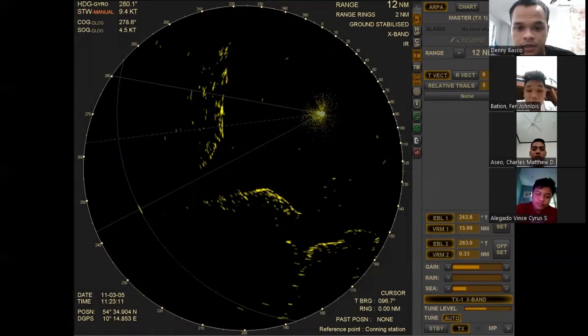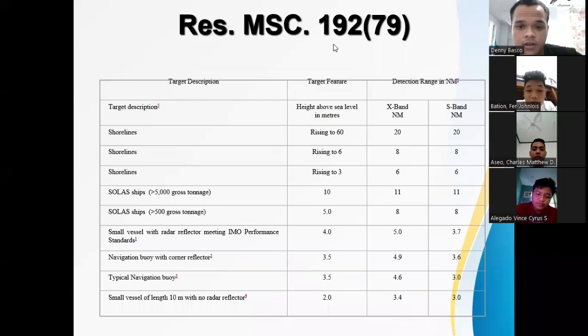As you can see, it is different from the S-band. These are the differences between X-band and S-band: target description, its features, the shorelines, and the detection reading in nautical miles, the typical navigation buoy.